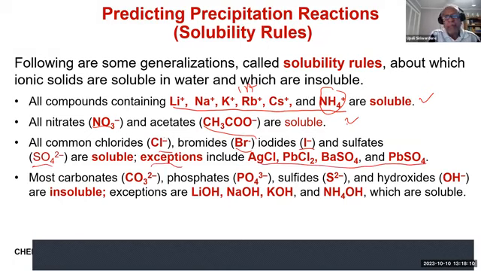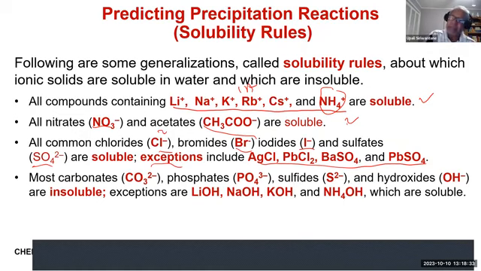You look at chloride, bromide, iodide, you begin to see exceptions. Chloride, bromide, iodide: silver, lead. They are insoluble. Sulfate is an exception too, barium and lead.